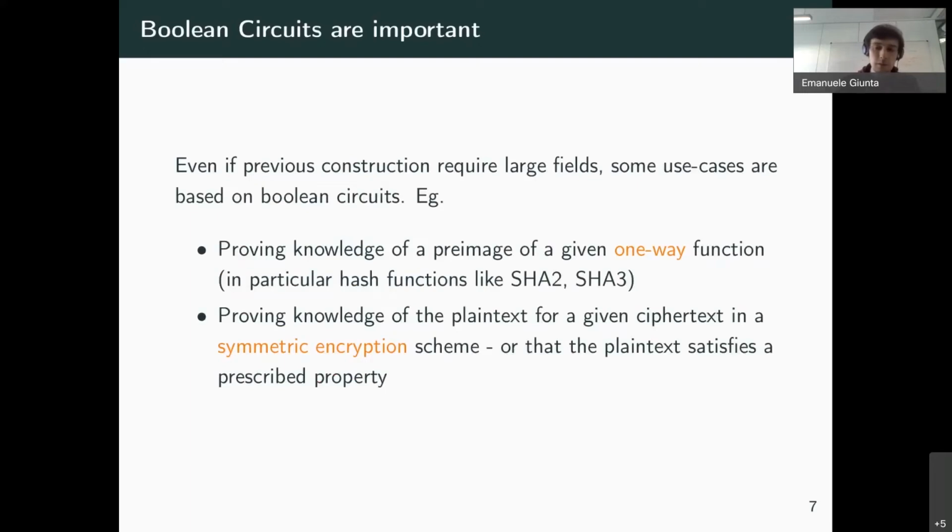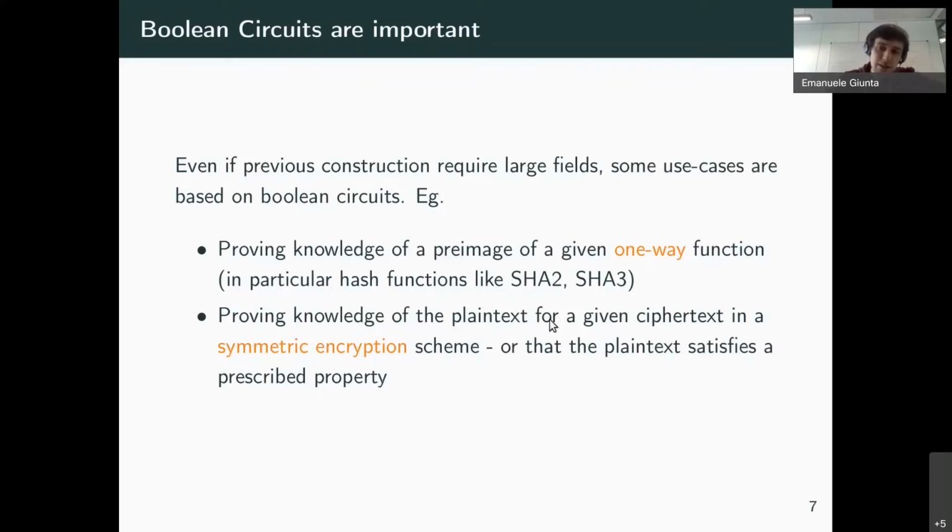The two most important examples that come to mind are when we want to show that, for instance, we know the preimage of a hash function, which is also where we would like to use SNARKs, because those are usually problems where there is not enough algebraic structure, and we really need to show that the circuit evaluates correctly, that we know the preimage of a given circuit.